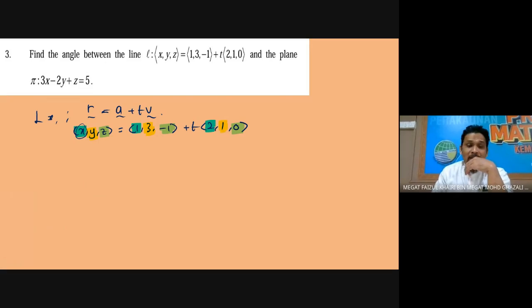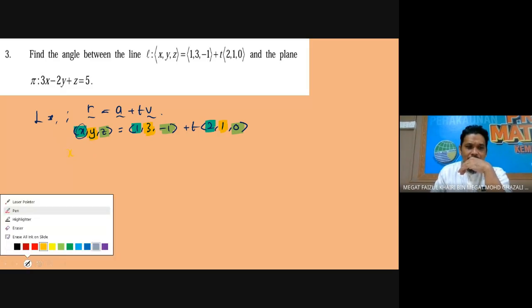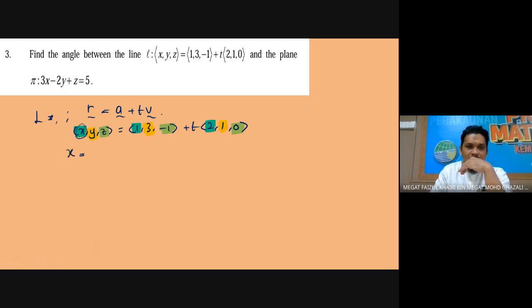Now, let's write this in Cartesian or parametric form. Parametric, if I'm not mistaken. So we have x equal to 1 plus 2t, y equal to 3 plus t, z equal to -1 plus 0t.